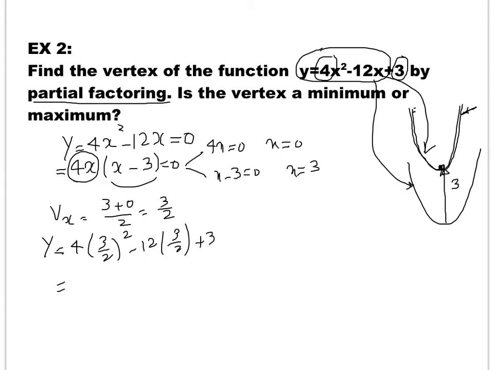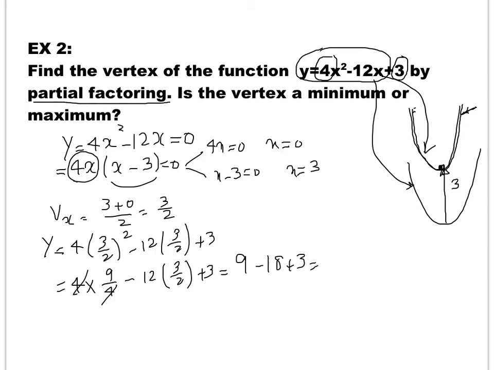Now (3 over 2) squared is 9 over 4. Then 12 times 3 over 2, plus 3. Now 4 cancels with 4, so I get 9. 12 divided by 2 is 6. 6 times 3 is 18, so minus 18 plus 3.